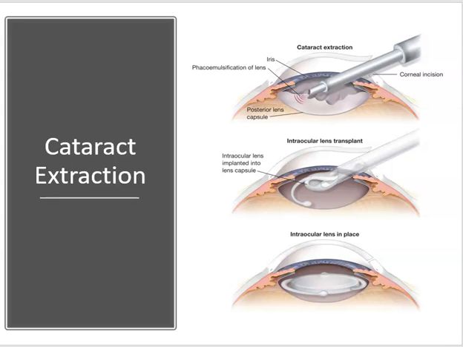Then I want you to look at 66984 and I want you to look at extracapsular. So extracapsular, also known as ECCE, intracapsular, ICCE. So extracapsular cataract extraction, intracapsular cataract extraction. All right, that's the first thing.